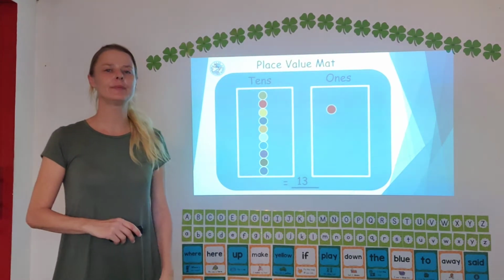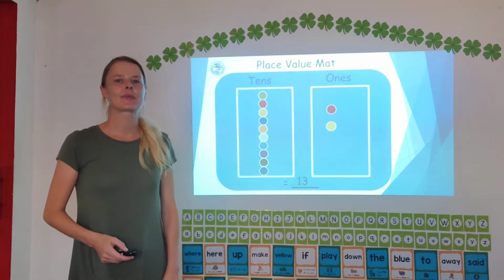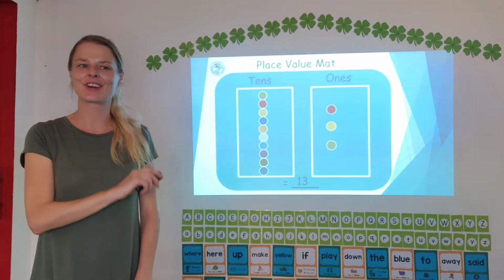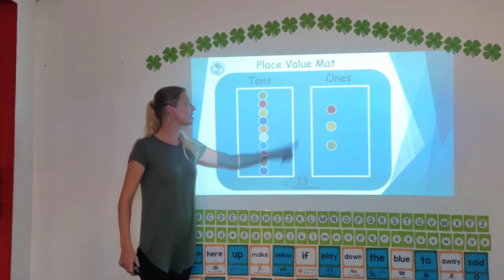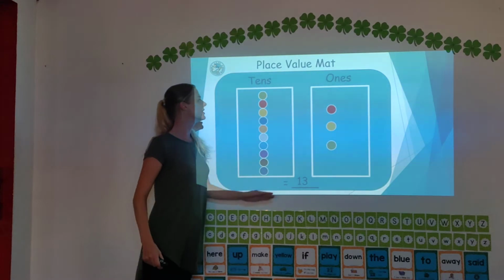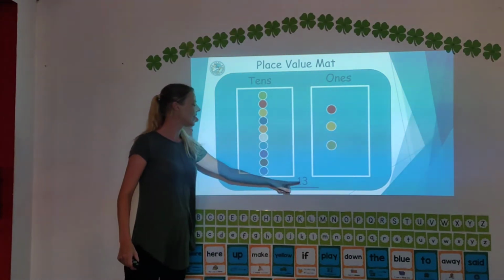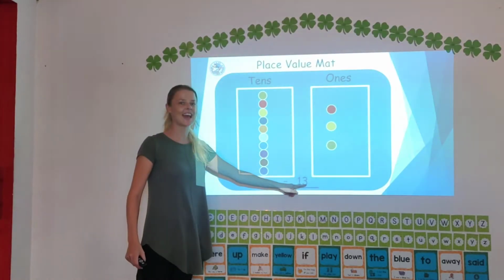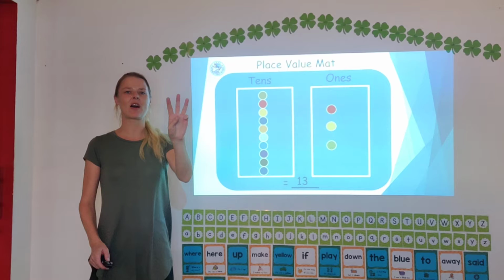Let's see. 1, 2, and 3. So, for the number 13 in our place value mat, we should have 1 row of 10, and how many ones again? Well done, yes, 3 ones.